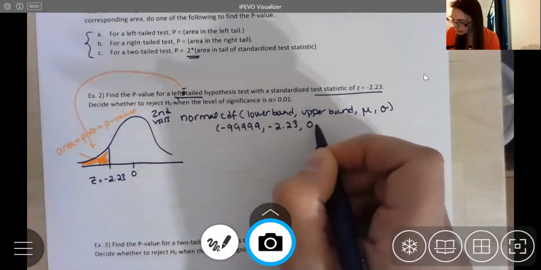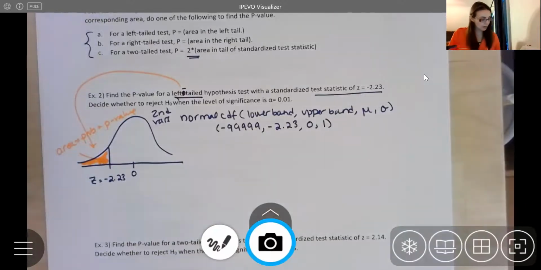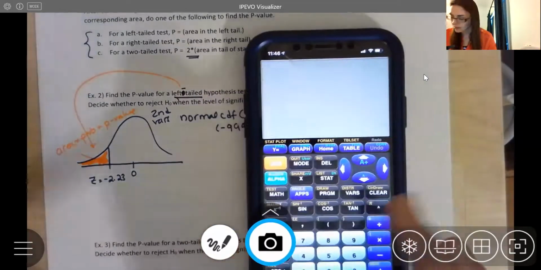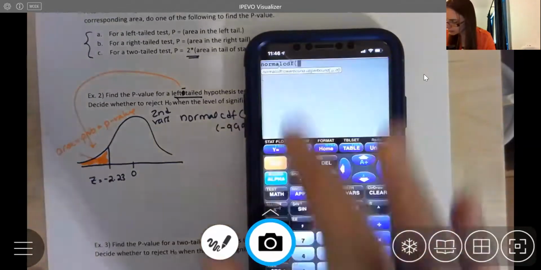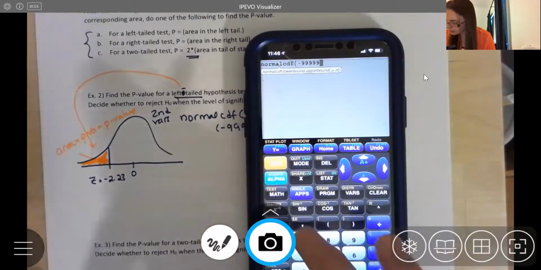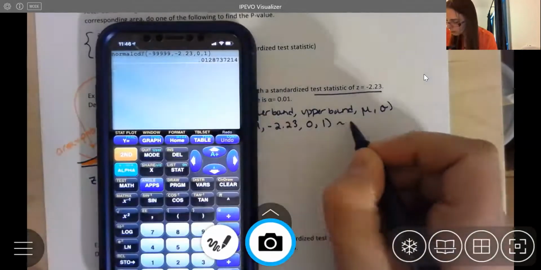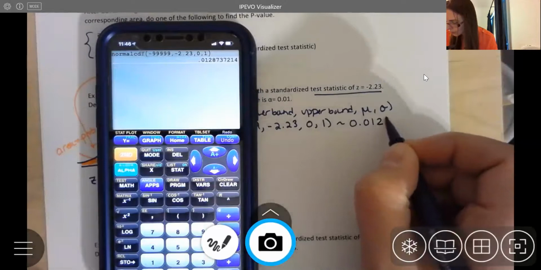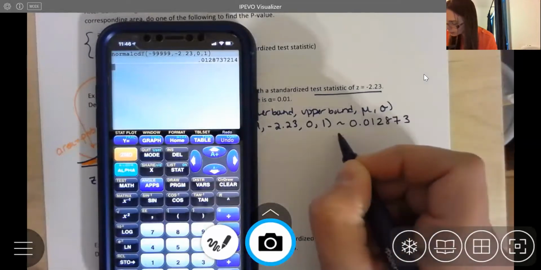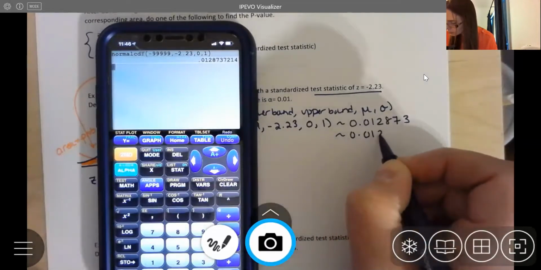My mean is 0, and my standard deviation is 1 here. All right, so let's see what we get. Second vars, normal CDF. I go from negative 999 to negative 2.23, type in my mean and standard deviation, and I get about 0.012873. So I'm going to round to 4 decimal places: 0.0129.